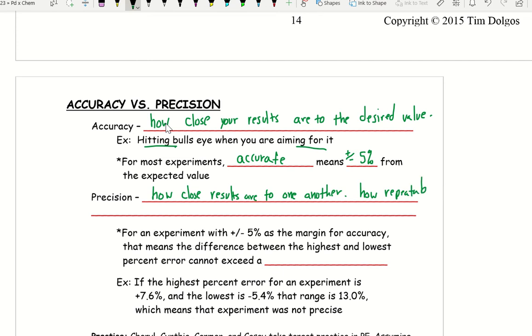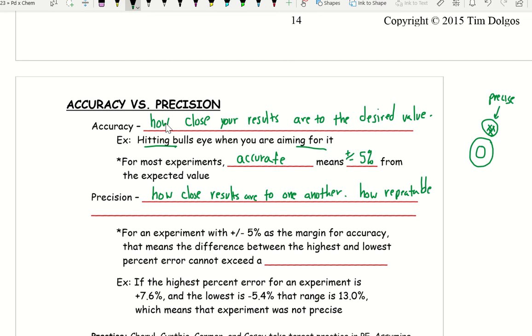Can you be precise but not accurate? 100%. So if you were aiming for a dartboard and your results were always right over here, this is very precise. You were very close to each other.